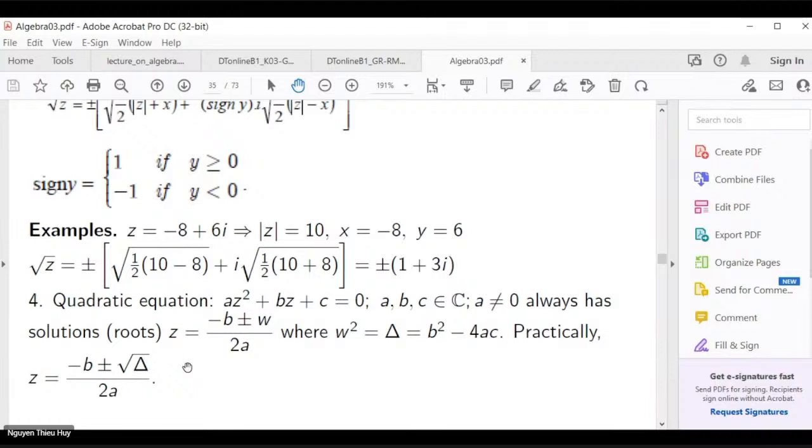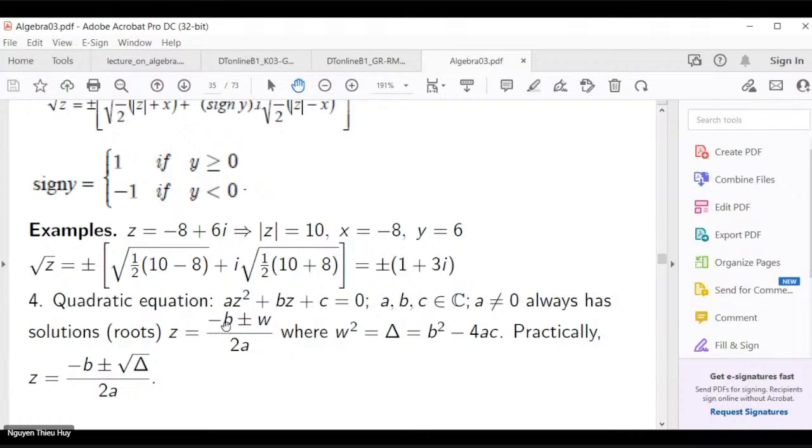If you consider only real roots, then a quadratic equation may not have real roots, because when you take the square root of negative numbers, it does not have a real root anymore. But if you consider the complex roots, then it always has solutions. So the formula of the roots is the same as before because the computation is exactly the same. Nothing changed here.